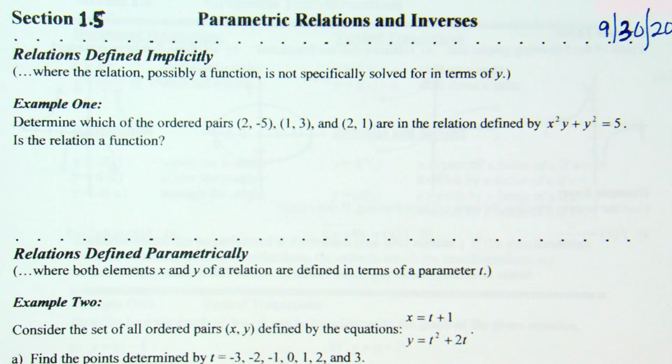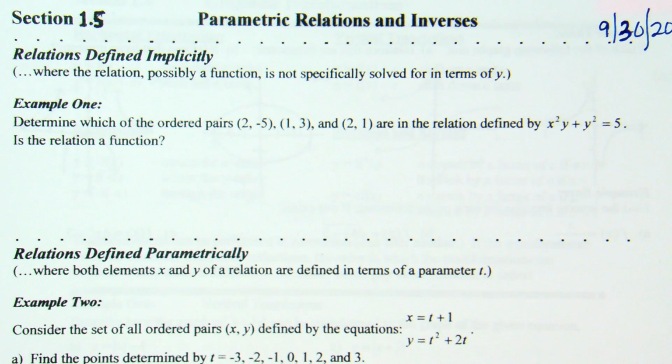So if I say like x squared plus y squared equals 9, that's an implicit equation because it's not a y equals equation or an x equals equation. If you have to put in a value and find the other value, it's not as easy to do because it's not already solved for that. So relations defined implicitly, where the relation, possibly a function, is not specifically solved for in terms of y.